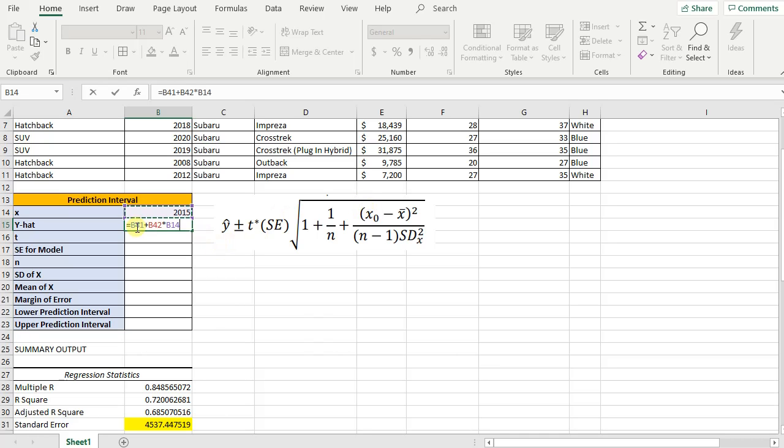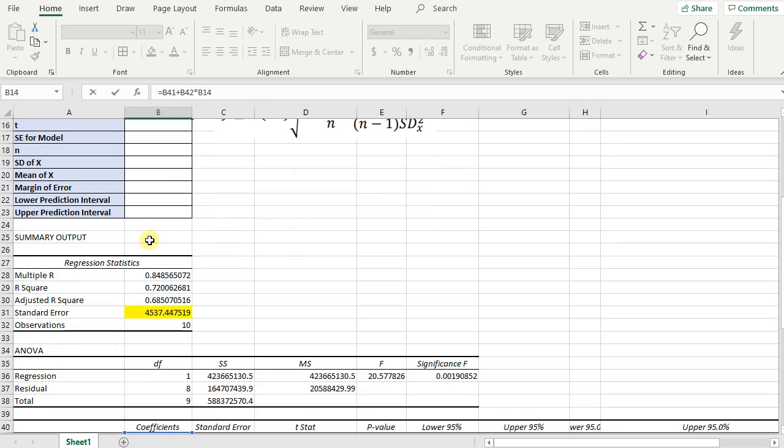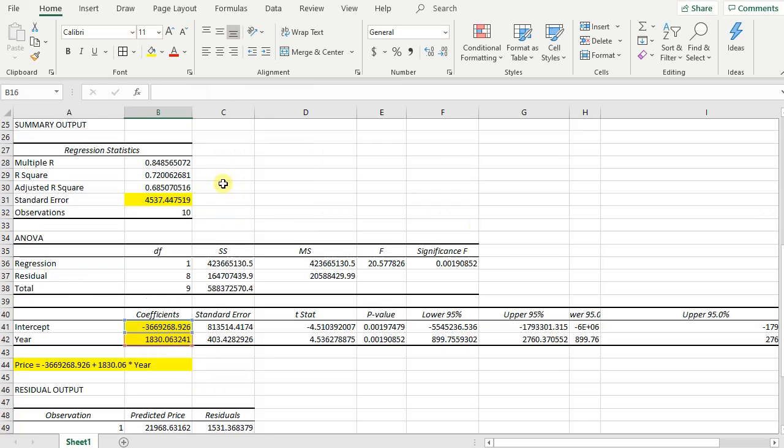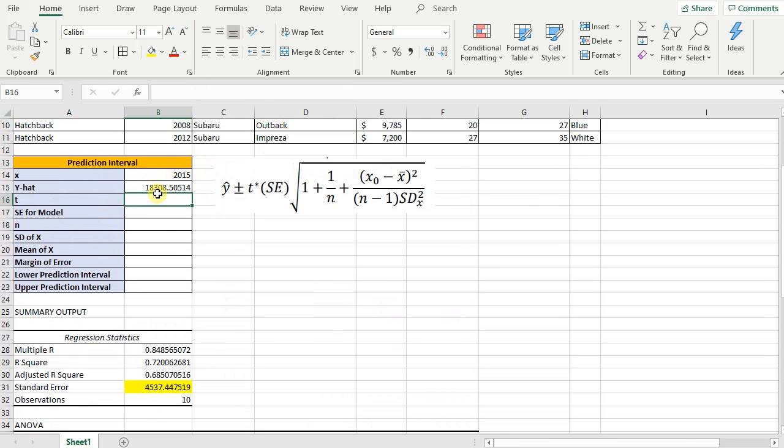So you see my intercept coefficient, which is B41, plus my coefficient for year times the year. Press enter, and there we go. That is my y hat, my predicted price. I could format that as a price using this dollar sign format.